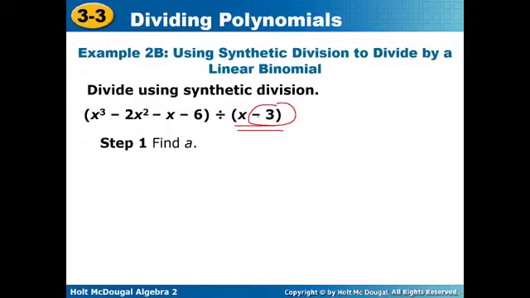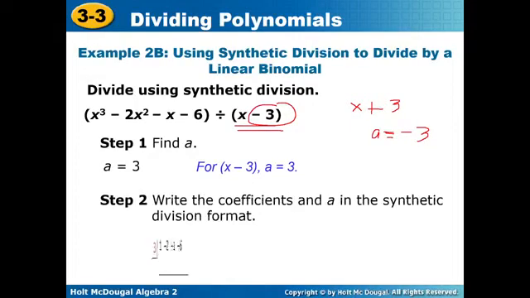If it's negative 3, then the a is positive 3. So the value of a here is positive 3. If your divisor is x plus 3, then your a is equal to negative 3.